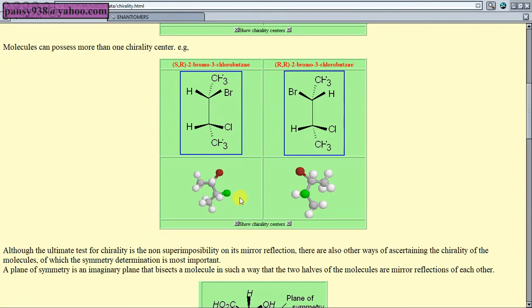We can zoom the molecule up to a level, and for a clear picture you can rotate the molecule up to a certain level.